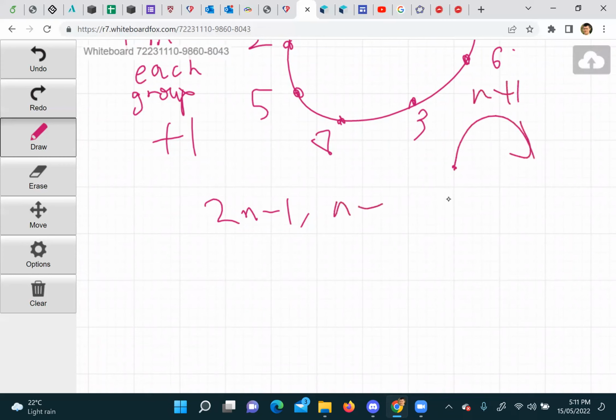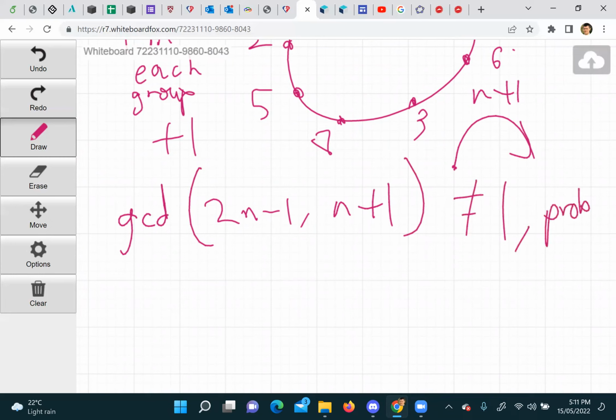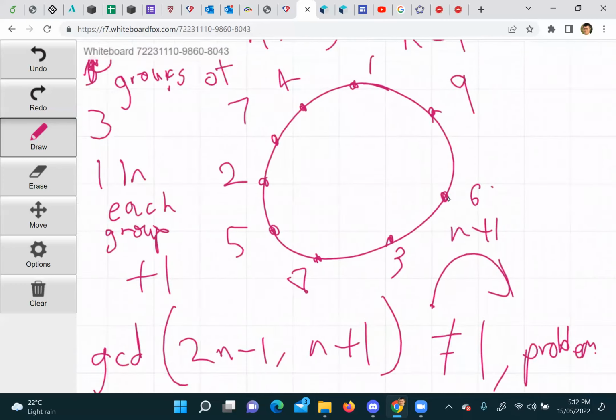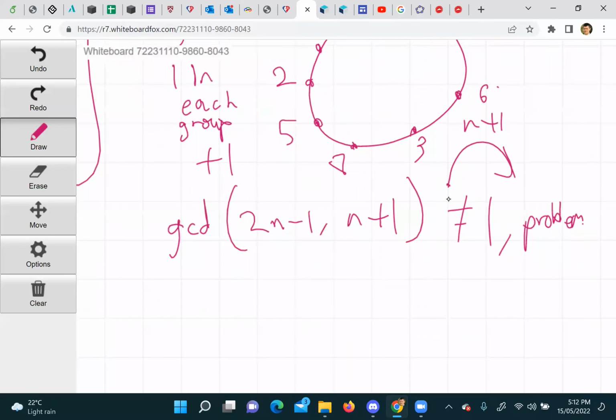So if the GCD of 2n minus 1 and n plus 1 does not equal 1, then a problem happens. The number of cycles is odd, because every cycle is the same size. I mean, the size of each cycle is odd. So when this is not 1, then a problem occurs.